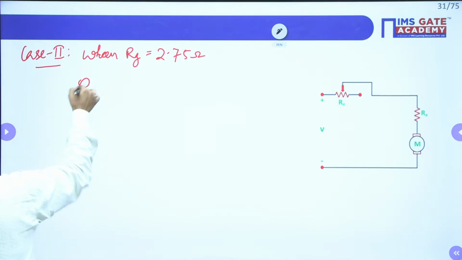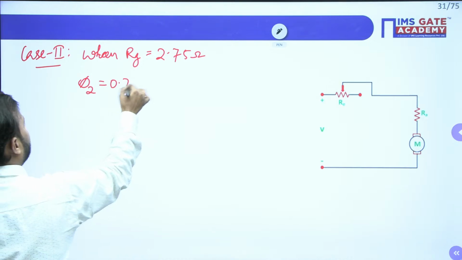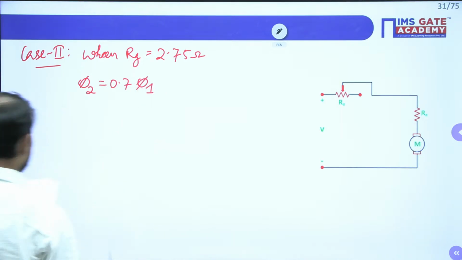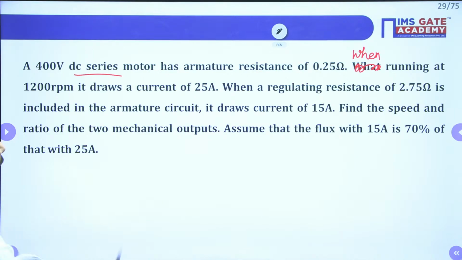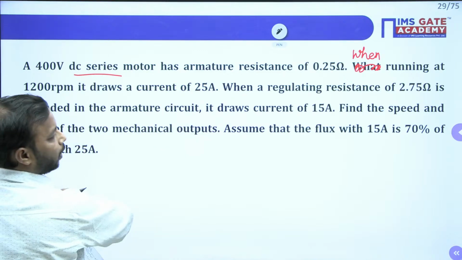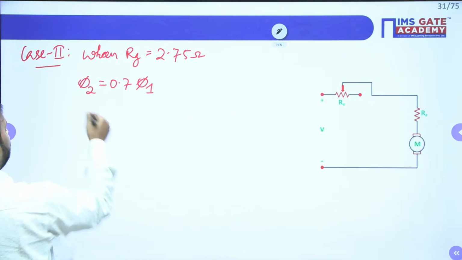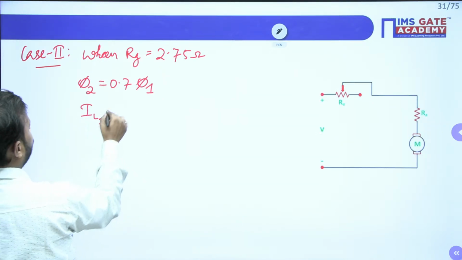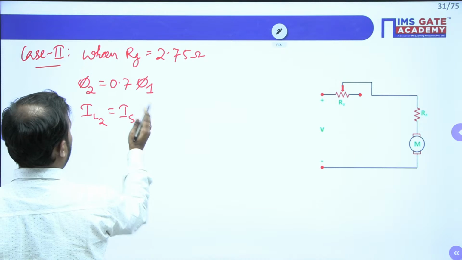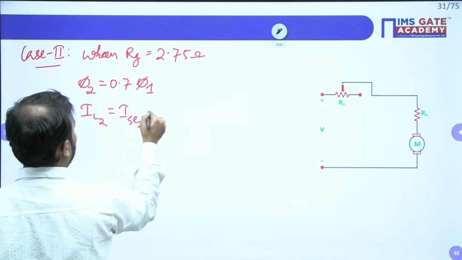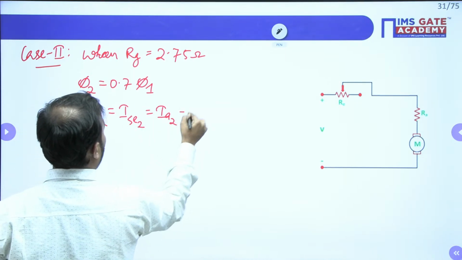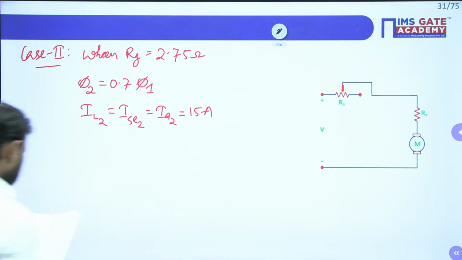Phi 2 is equal to 70% of phi 1. And at this time it draws 15 ampere, so IL2, ISC2, IA2 are equal to 15 ampere.